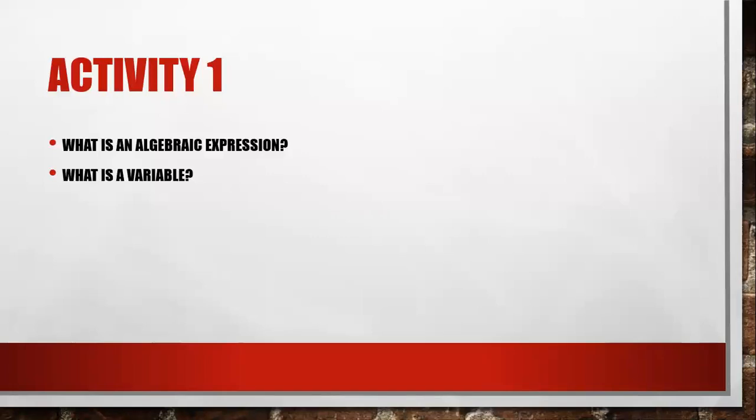Wait, I didn't hear that last statement. That a variable is a letter or a noun that represents a real number or integer. Okay, thank you. Then the other one says that it's any unknown in an expression.